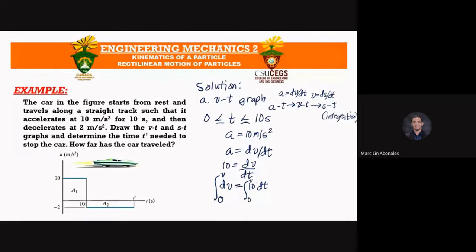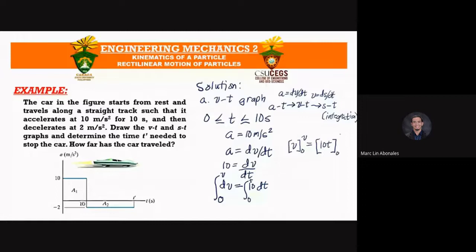So we integrate this one. The integration for that is the integral from 0 to v equal to 10t. The integral of 10 dt is 10t, from 0 to t.